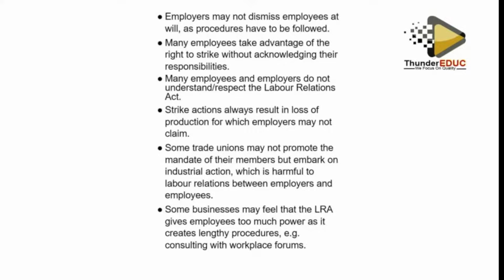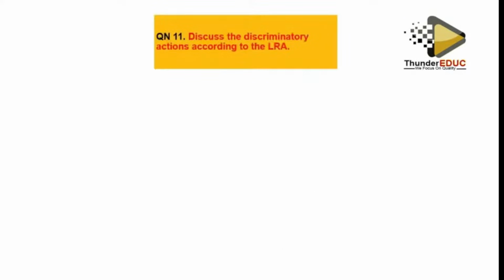So now moving on, we are going to discuss the discriminatory actions according to the LRA. So now this is what the Act says no to. So now this Act says no to unfair or illegal dismissal of employees.